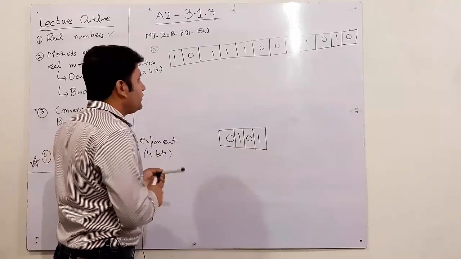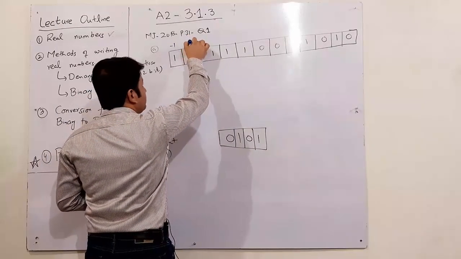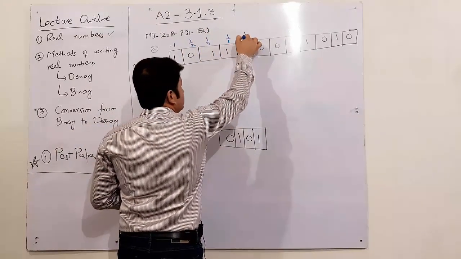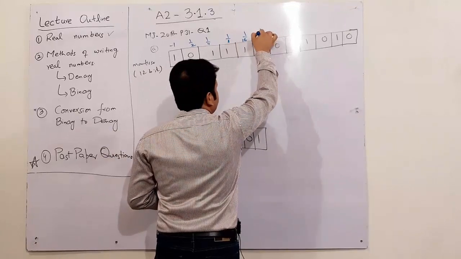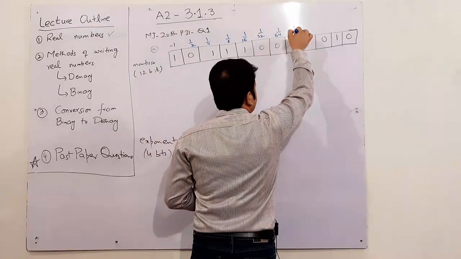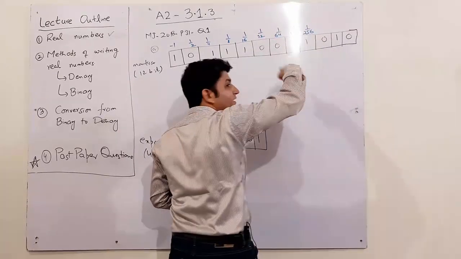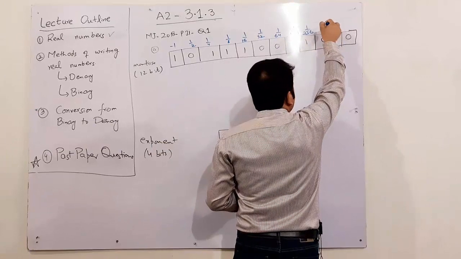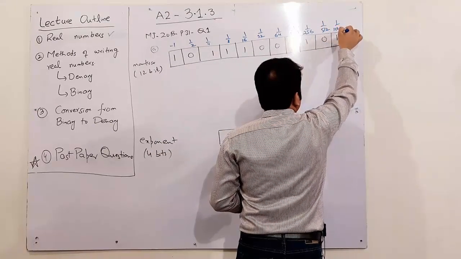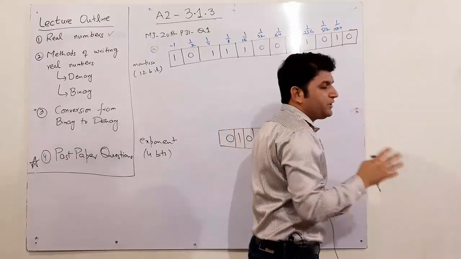In order to resolve the Mantissa, I'll be writing the place values -1, 1 by 2, 1 by 4, 1 by 8, 1 by 16, 1 by 32, 1 by 64, 1 by 128, 1 by 256, and the next one will be 1 by 512, and the next one is 1 by 1024.